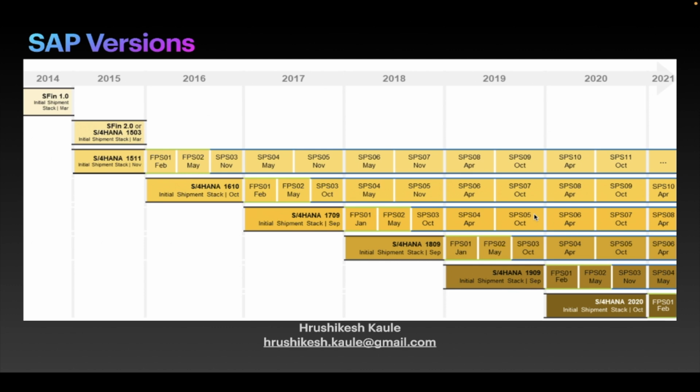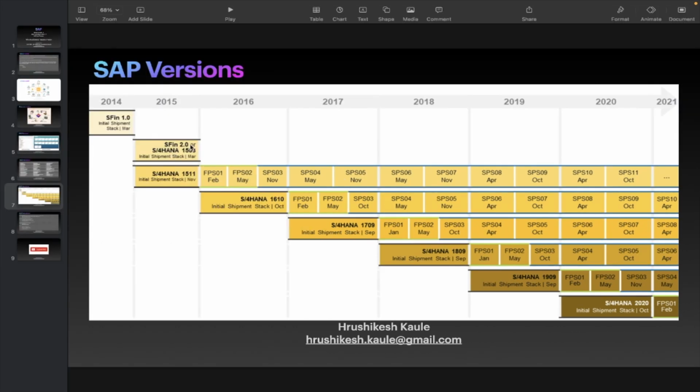Like you have an Android phone and it gets updated every 3 months, 6 months, or whatever, SAP is getting new updates every year. This is for the on-premise version. There is one more version, which is a cloud version. For the cloud version, it gives an update every three months.